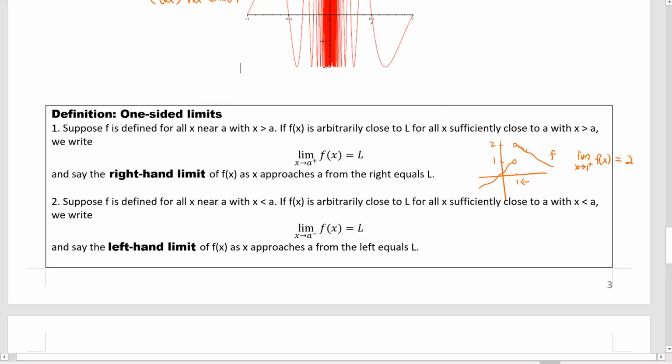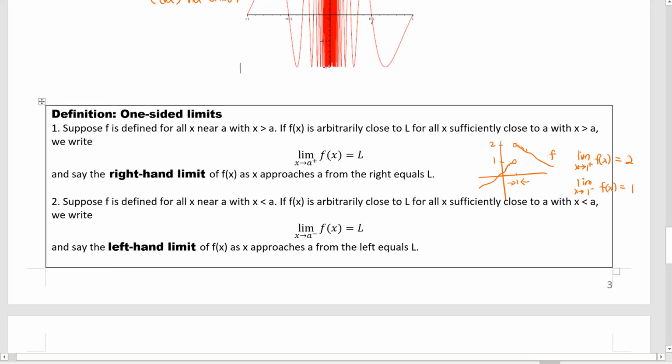On the other hand, what is the left-side limit? When x goes to 1 from the negative side, which is the left side, we're on this piece. See, the y goes to 1. So this is the one-sided limits, and you can see f of 1 is actually not defined because we see open circles there.